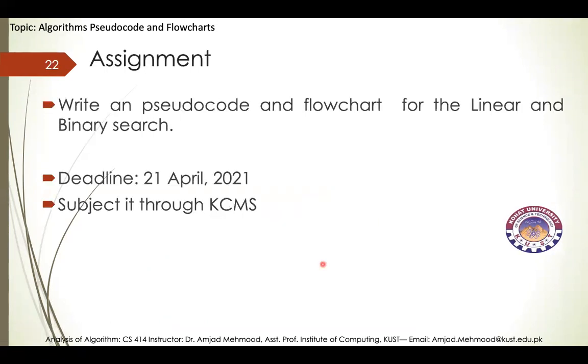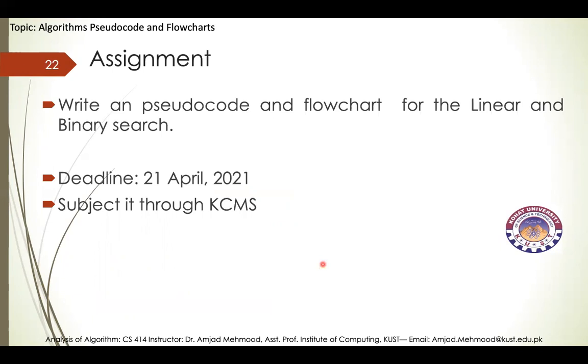So this is your today's assignment. Write pseudocode and a flowchart for linear and binary search, because in coming lectures we will be doing the analysis of algorithms, so we need linear and binary search there. For the sake of understanding, first we should understand how we can design algorithms.